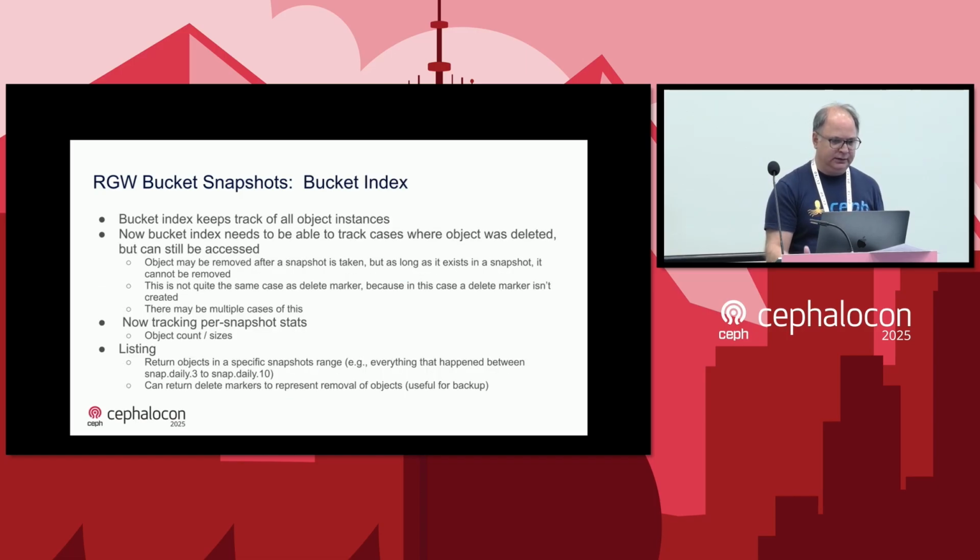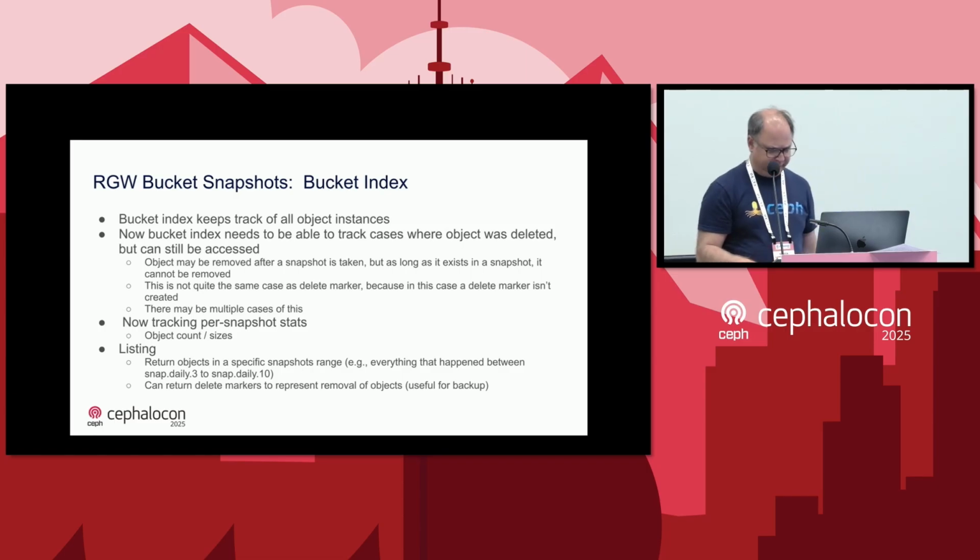The bucket index in versioning is really doing the heavy lifting, and it's no different in this feature. The bucket index, as you know, tracks all the object instances. Now, the new feature in bucket snapshots, other than adding that new dimension of snapshot, needs to track when an object is deleted.